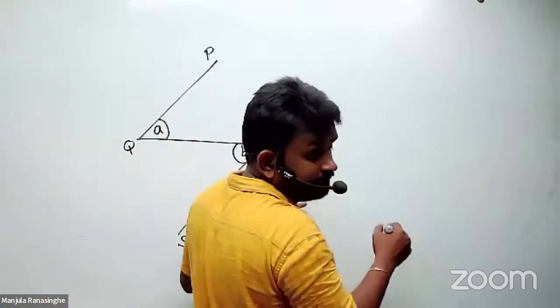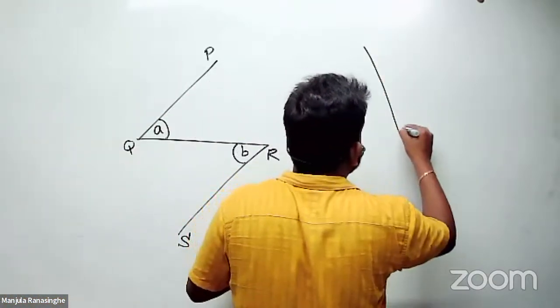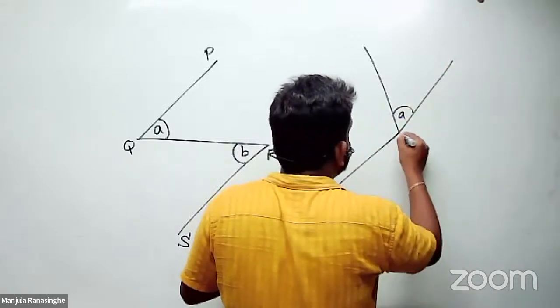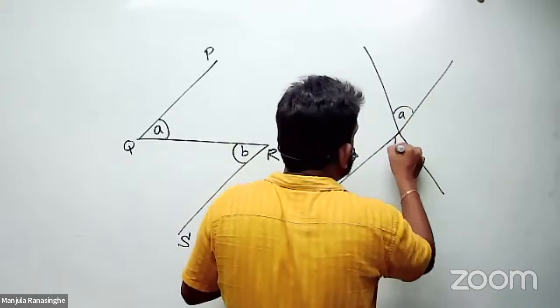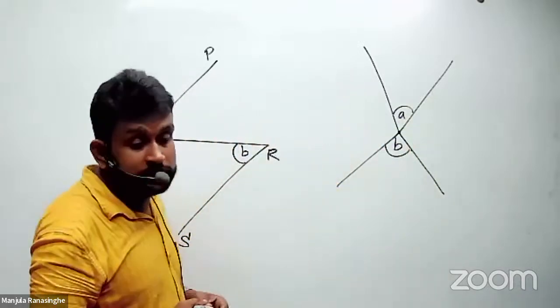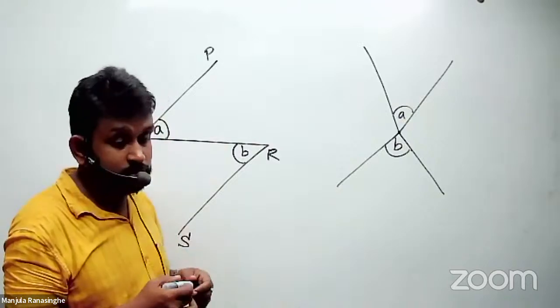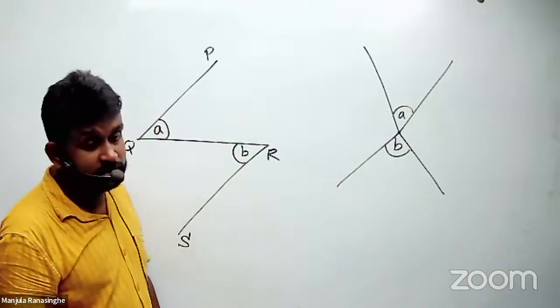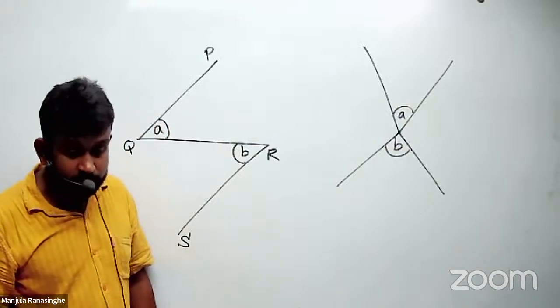Right. The second one, I have A angle and I have B angle. Then they're asking whether these two are adjacent or not. If not, we have to give the reasons, right? Draw these two. I will do this one for you.